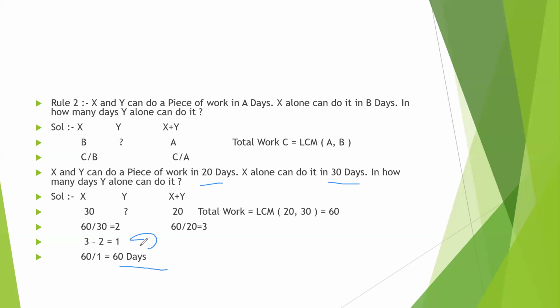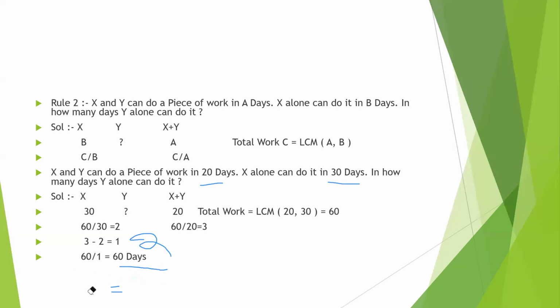Suppose Y could do 2 units per day. Then we would write 60 divided by 2, which equals 30 days. But here Y can do only 1 unit per day, so the answer is 60 days.